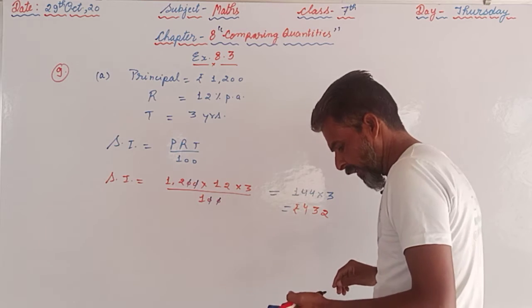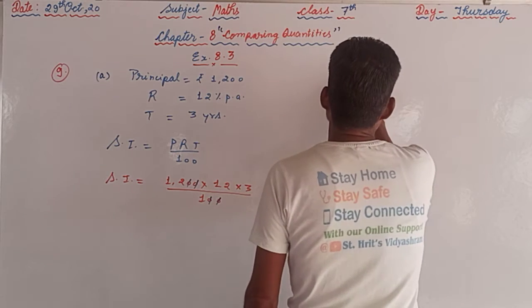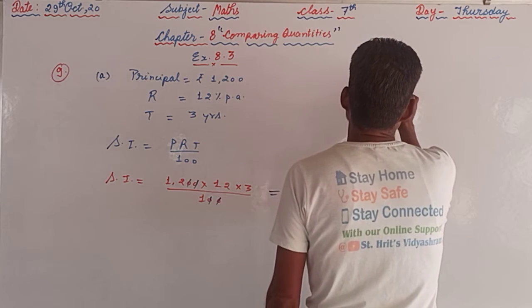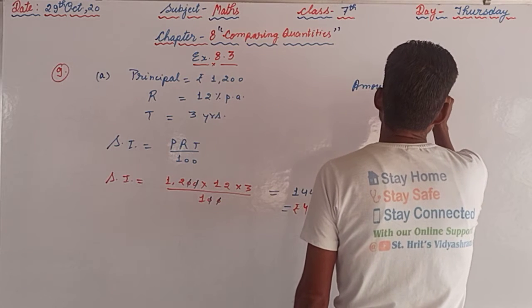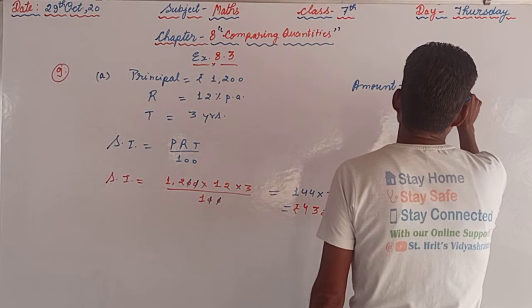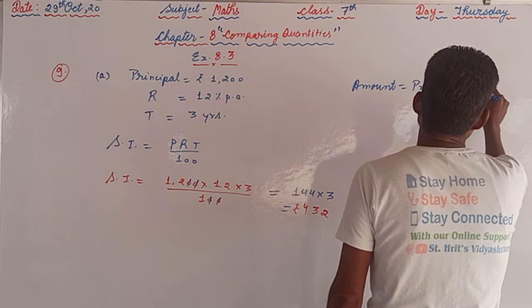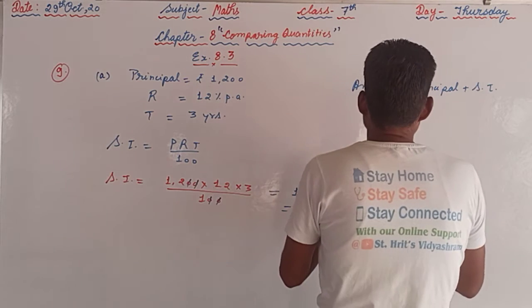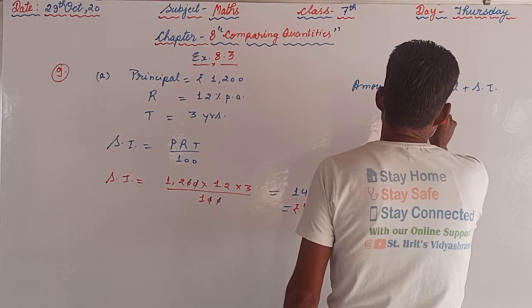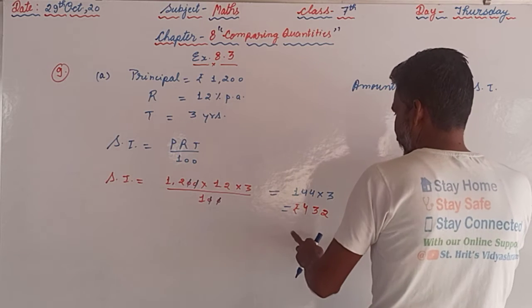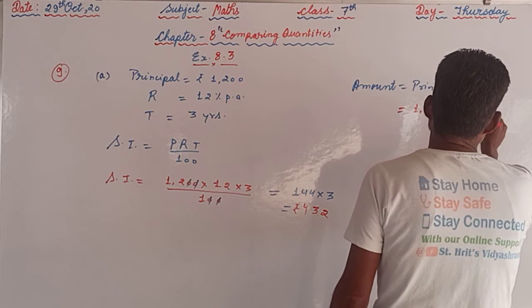But we are supposed to find the amount, and the amount will be equal to the principal plus simple interest. Here the principal is 1200 plus the simple interest is 432.